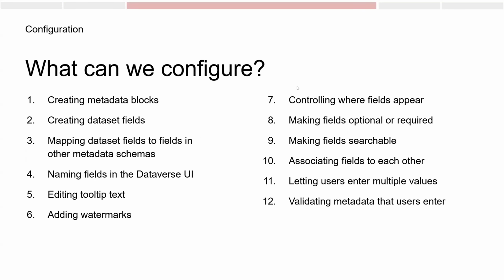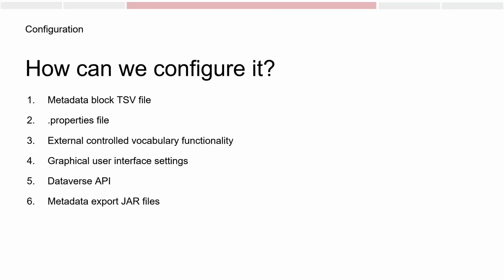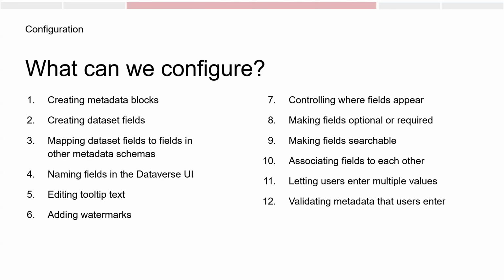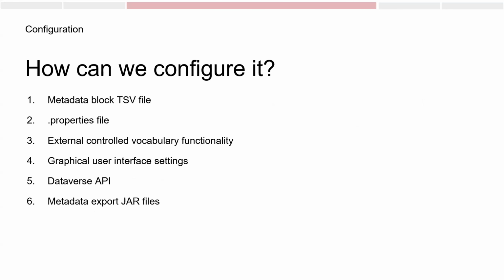Oops, wrong way. So the next part of the webinar will be talking about these 12 points. I tried to organize them this way and sort them in a way where the concepts that are introduced build on each other. Also talking about, what can we configure and how can we configure it?